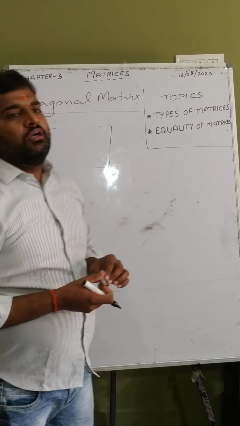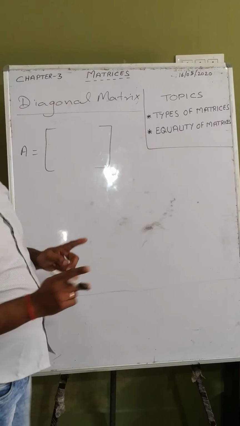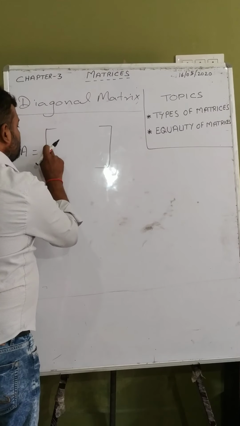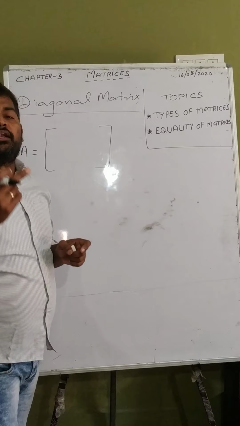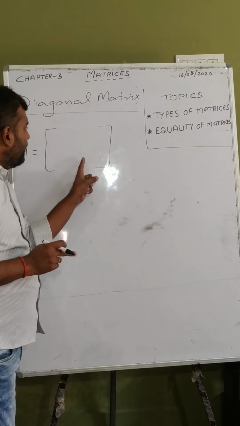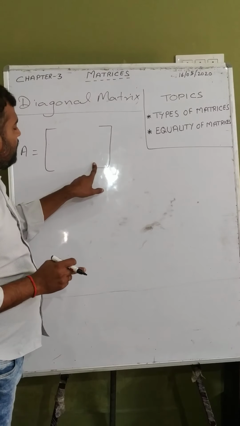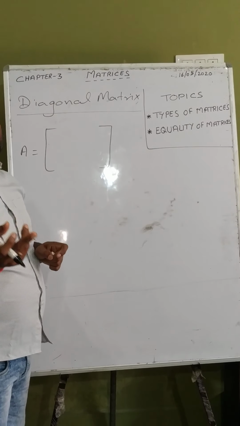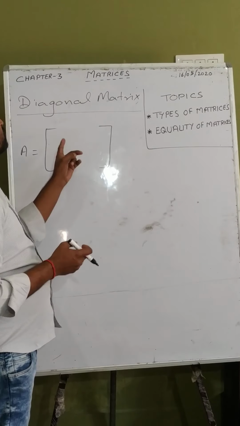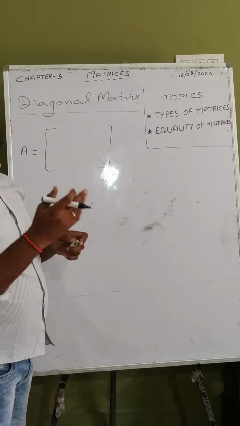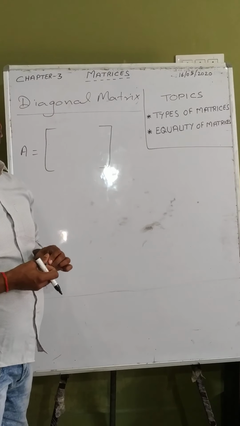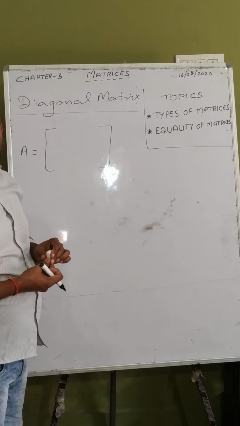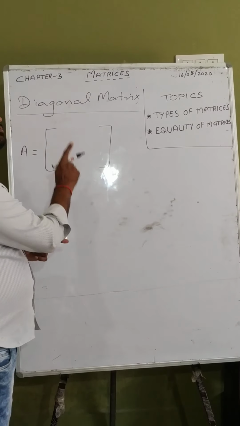A diagonal matrix is a square matrix in which the elements other than the diagonal elements are zero. Other than the diagonal elements are zero, but it must be a square matrix.